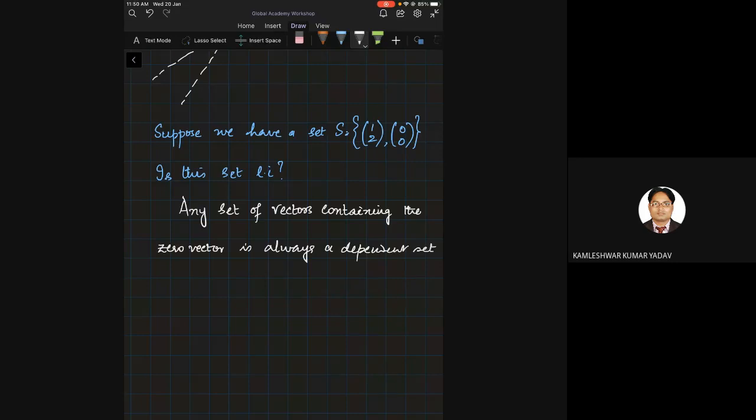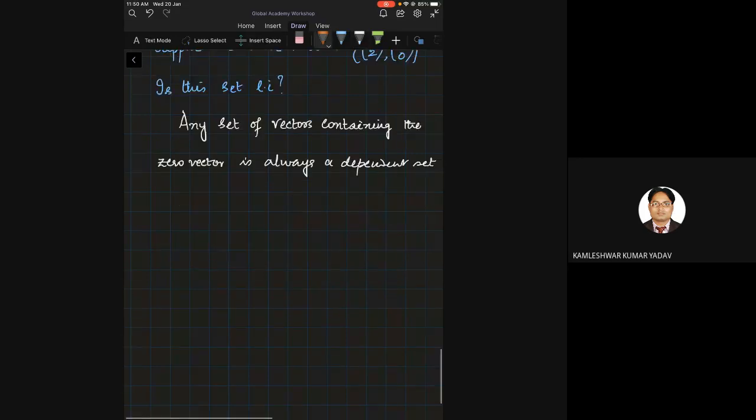Let's see why. Now I want to look at alpha 1 times (1, 2) plus alpha 2 times (0, 0). I must get the zero vector on this side. I can put alpha 1 is equal to 0, that is fantastic. What about alpha 2? If I put alpha 2 is equal to 1, I would still get 0.